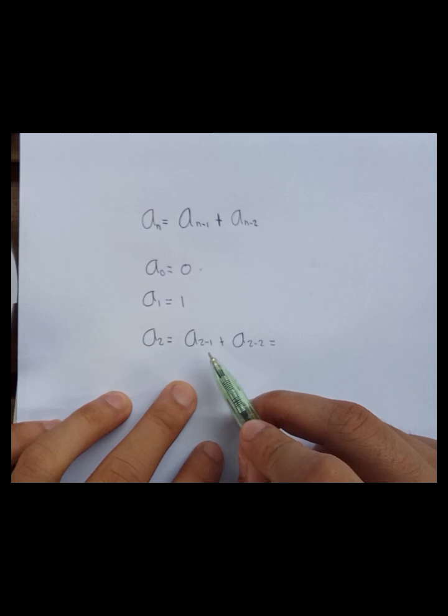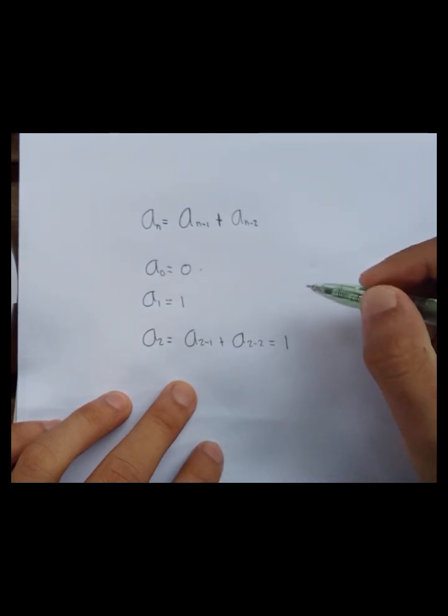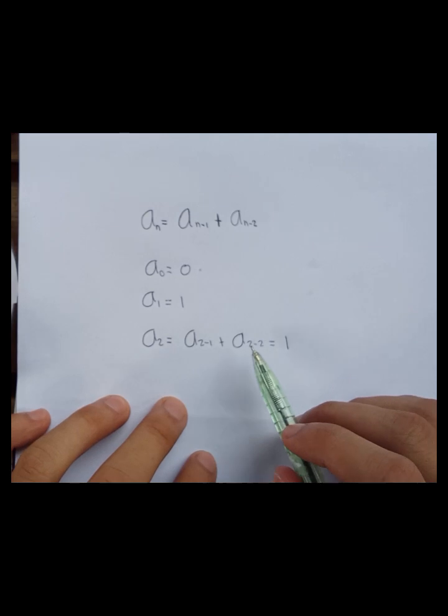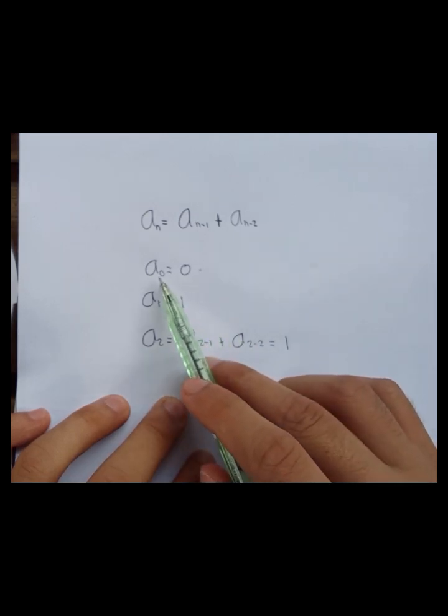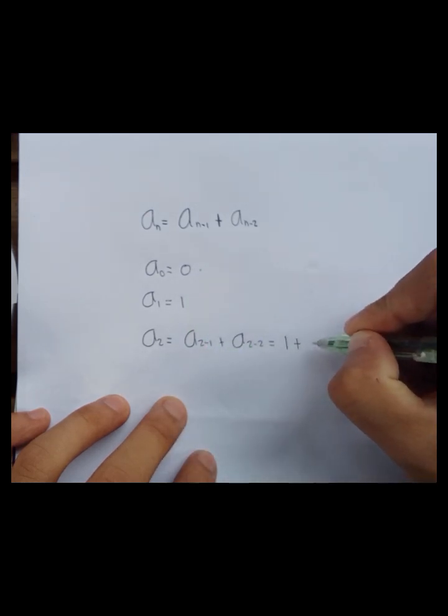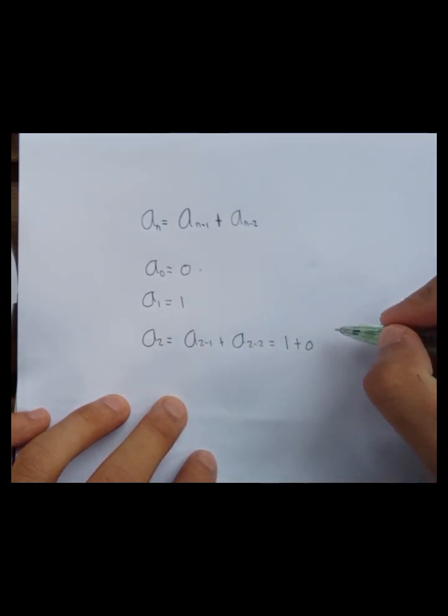So this part should be equal to 1, and 2 minus 2 is equal to 0, right? So a sub 0, and given that a sub 0 is equal to 0, this should be 0, and that equals 1.